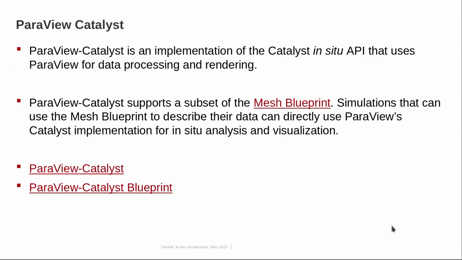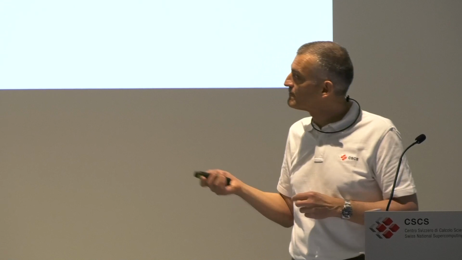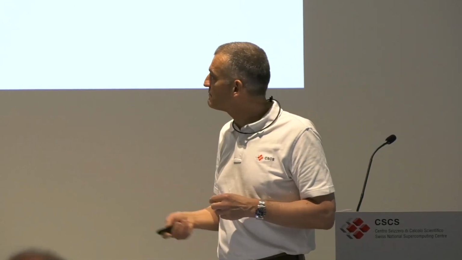You can look further. So ParaView Catalyst is an implementation of the Catalyst API, and it's the only one, as far as I know. No, actually, what I will present at the end is actually a Catalyst implementation now. So there is more.